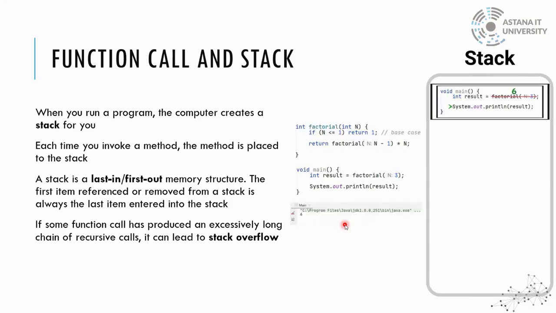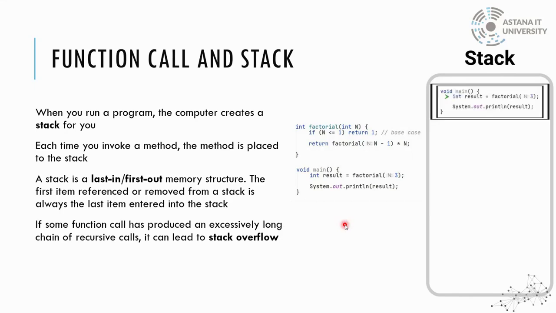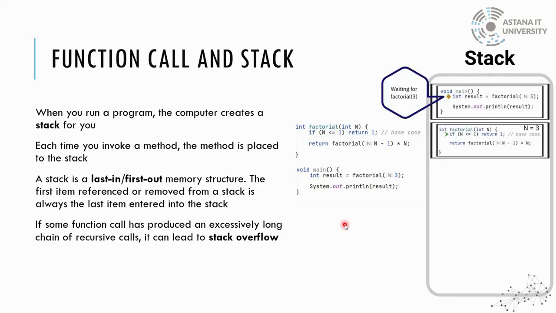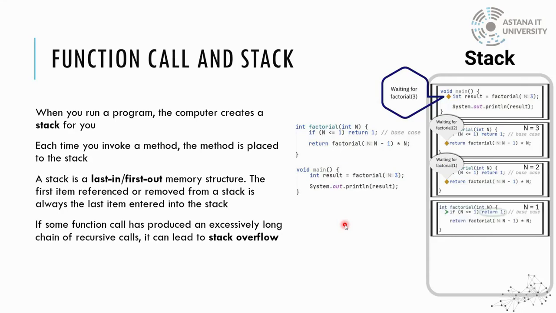It's returned further to the frame of factorial of 3. That multiplies 2 by 3 and gives 6 back to main. Main will use it as a value for the variable named result and prints it.